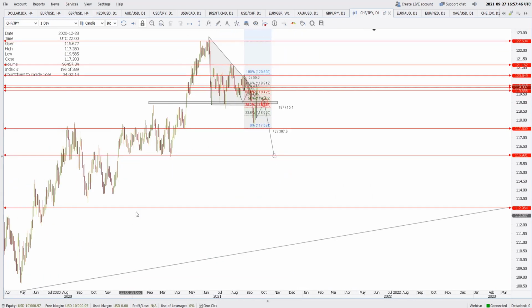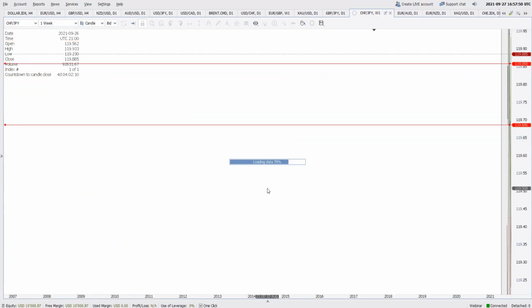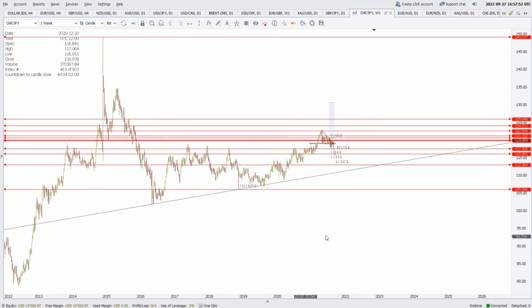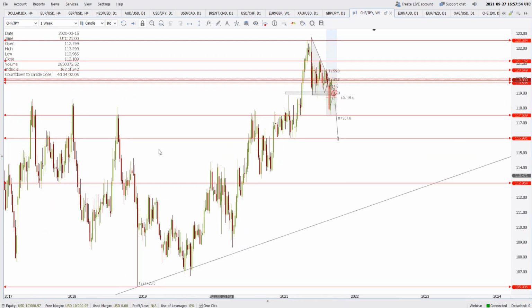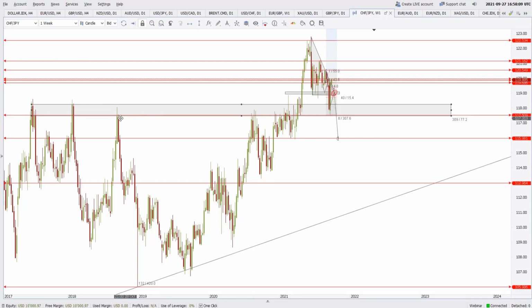On the daily chart it may not be visible, but when you switch to the weekly charts, you will see that once the price had cleared this area, this resistance area, if I draw it with the rectangles, you see this was the area of resistance in the past. If I extend it further down to this area, then this was the area of resistance which price was not able to break.